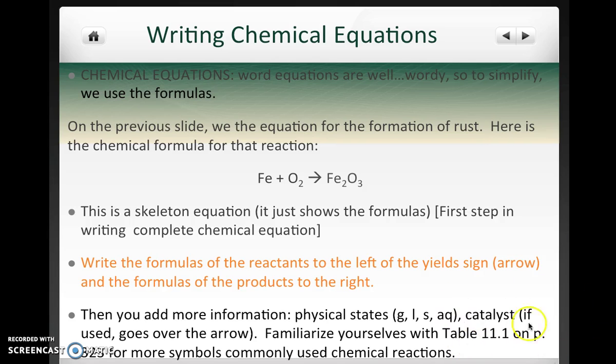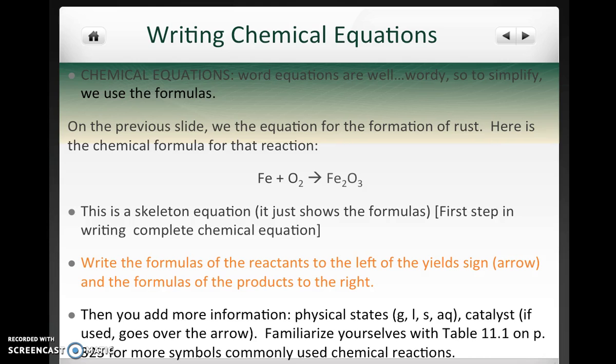You also need to add the catalyst if one is used, and that you would just write over top of the arrow. So you would just make your arrow longer and write the catalyst above. Catalysts, which you saw from your vocab, are not actually used in the reaction, and that's why they're written above. It's not a reactant.